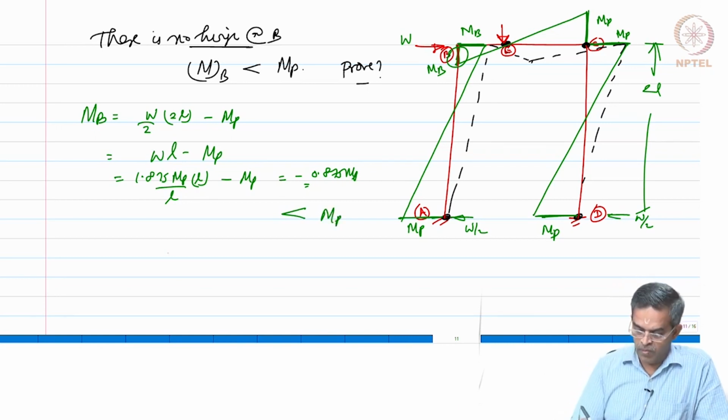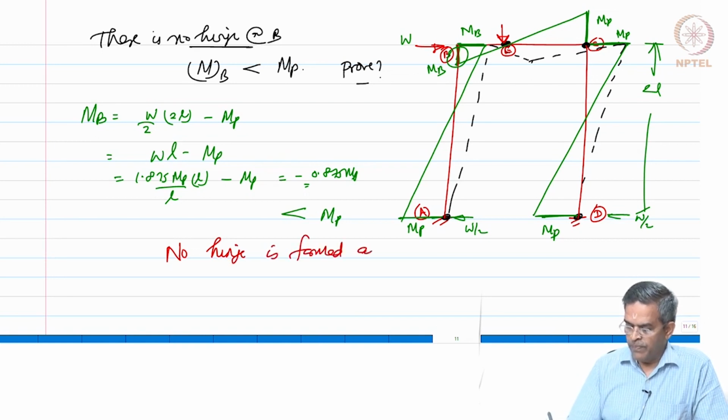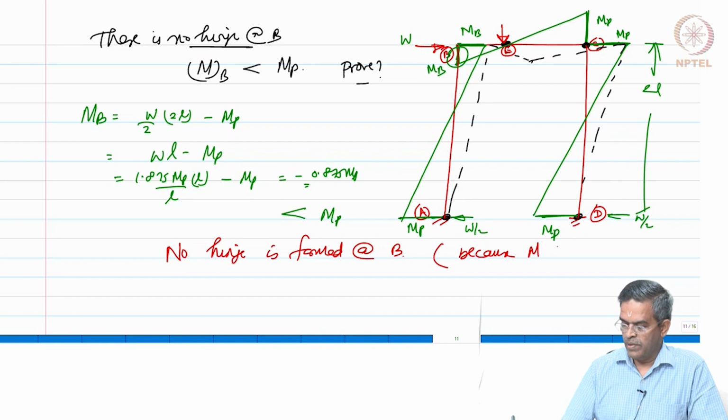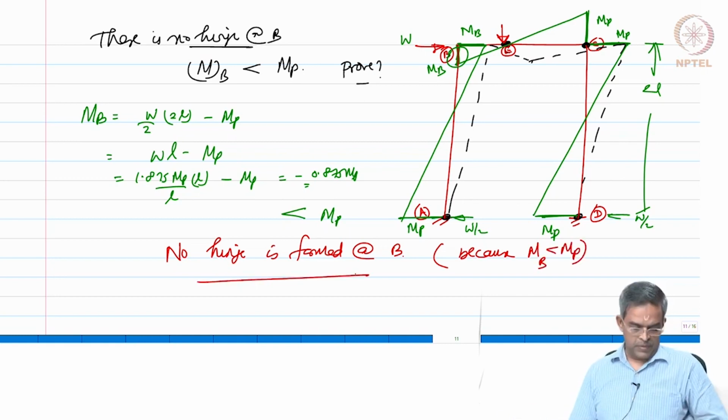So, no hinge is formed at B. Hinge will only form when M is equal to MP, is it not? So, we have proved it. That is how this problem can be solved easily.